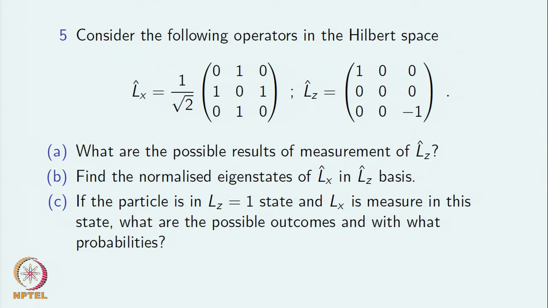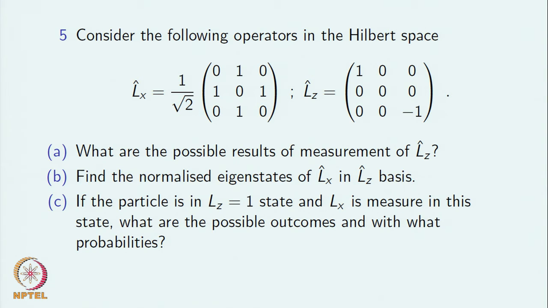You can do this computation yourself, but let me give you some hints. The first part asks for the possible results of a measurement of Lz, and you have to find the normalized eigenstate of Lx in terms of the Lz basis. The third part: if the particle is in an Lz state and Lx is measured in that state, what are the possible outcomes?